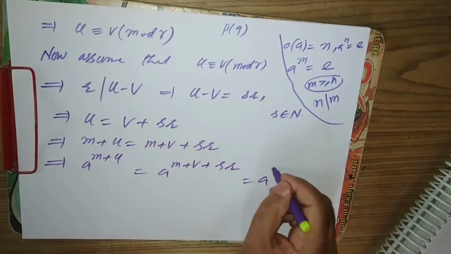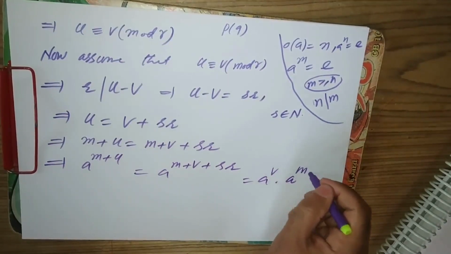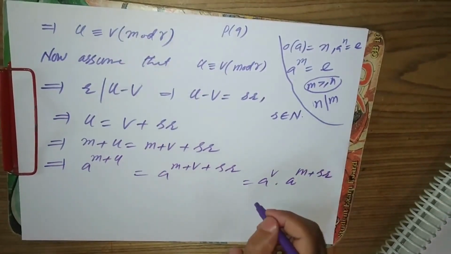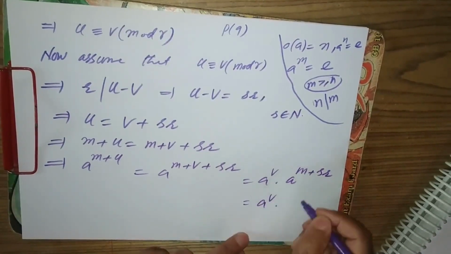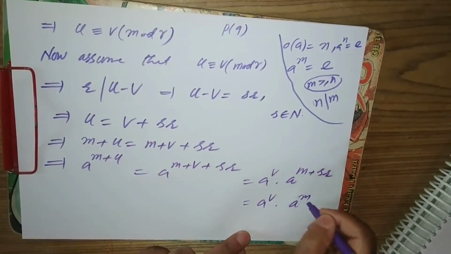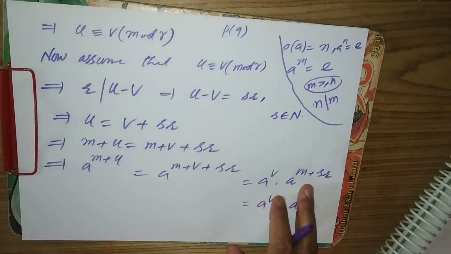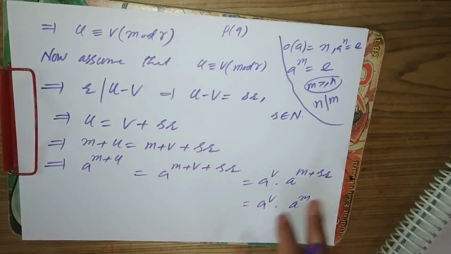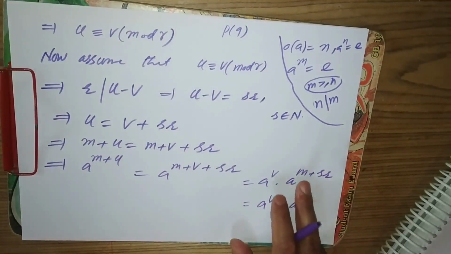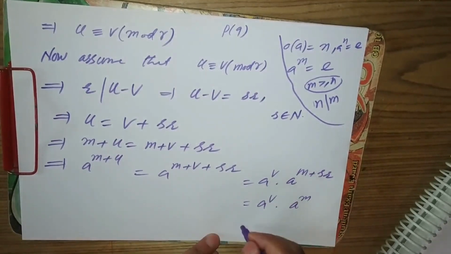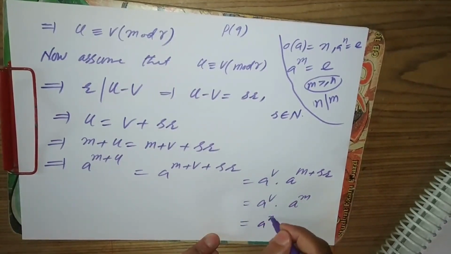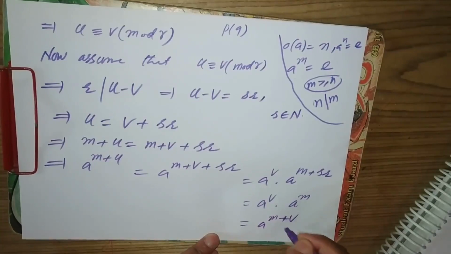So that's A power v into A power m plus sr. So this is equal to A power v into A power m, because A power m plus qr is equal to A power m for every q. So in particular, A power m plus sr is equal to A power m. That's equal to A power m plus v.